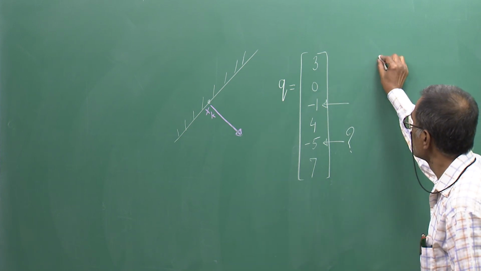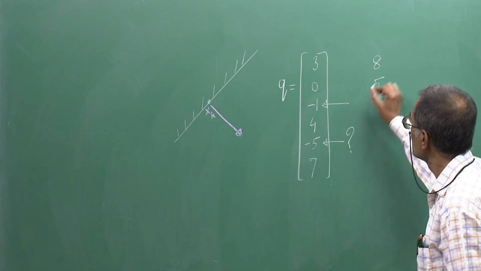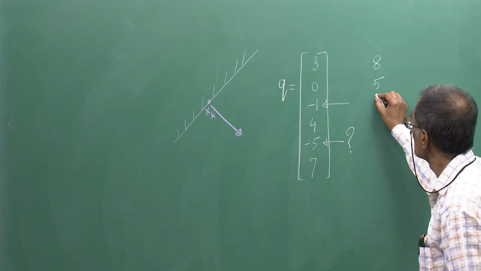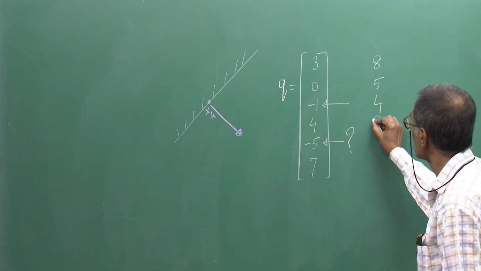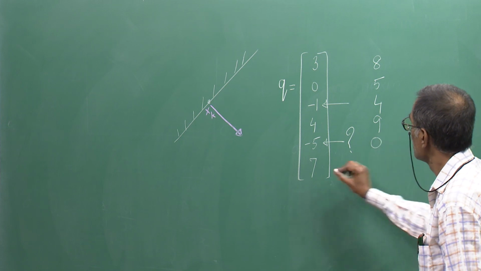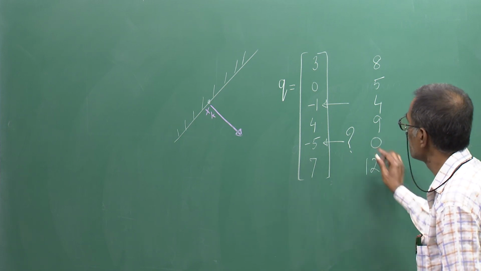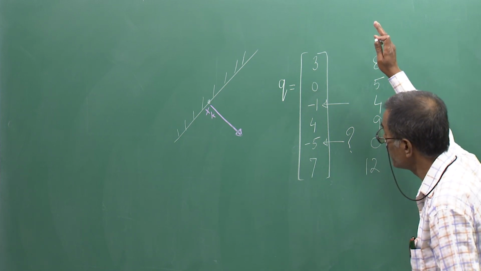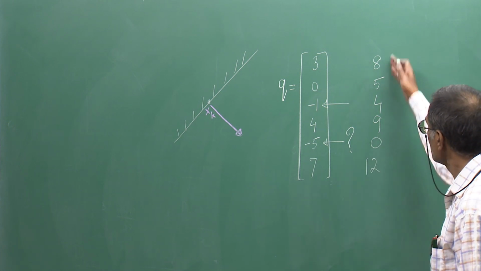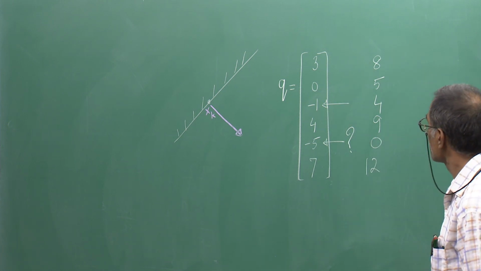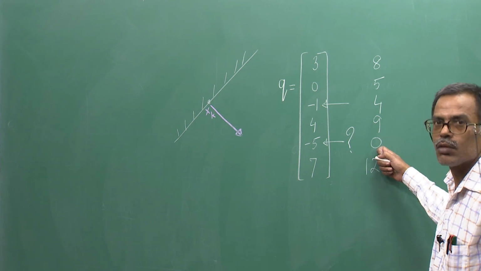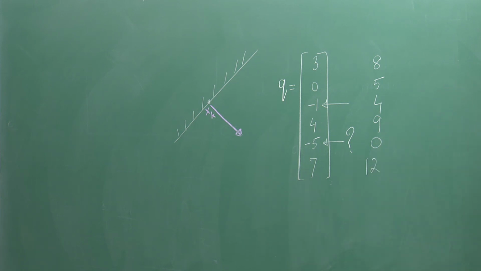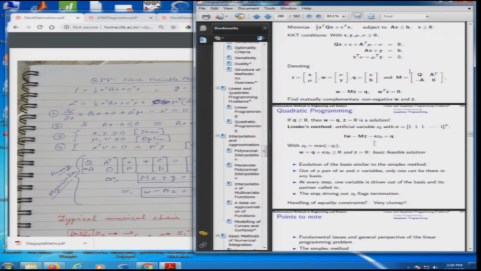Then this will become 8, this will become 5, this will become 4, this will become 9, this will become 0, and this will become 12. The worst will be 0, which will be fine. That is what is achieved artificially by including this.